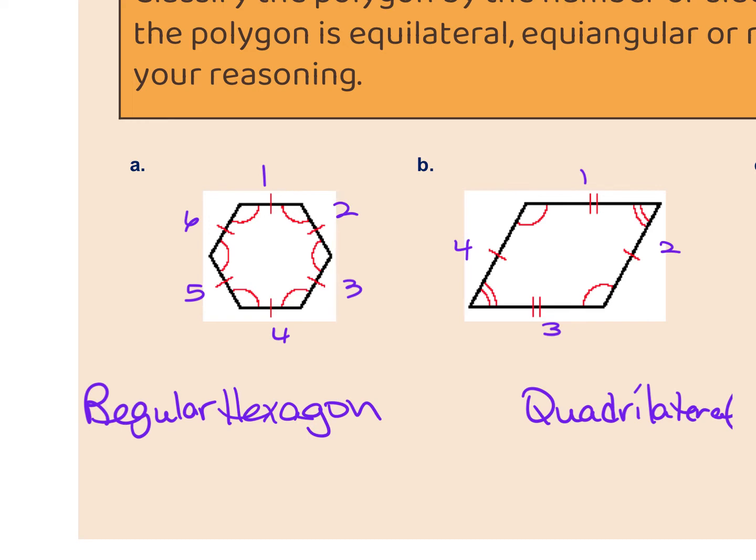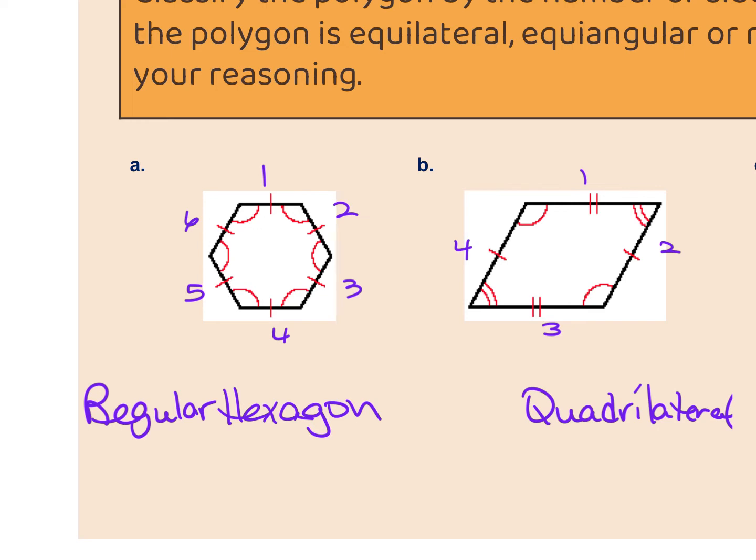So this is not equilateral, it's not equiangular, so it can't be regular. So this is just a plain quadrilateral. It's not regular because there aren't congruencies here. Now later on, we're going to learn that this figure is a parallelogram. But right now, it's just a plain old quadrilateral, a 4-sided figure.